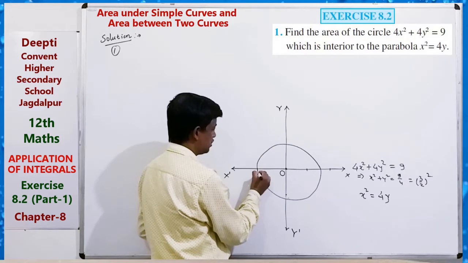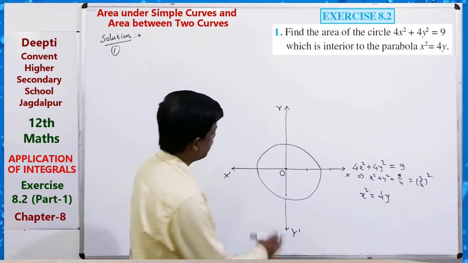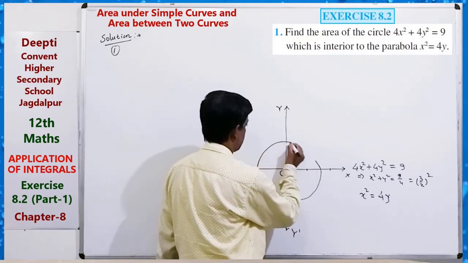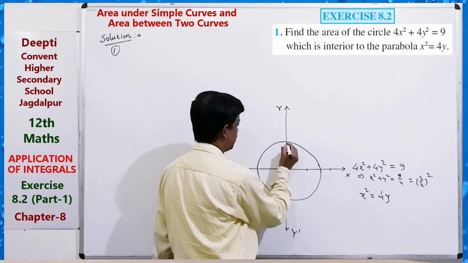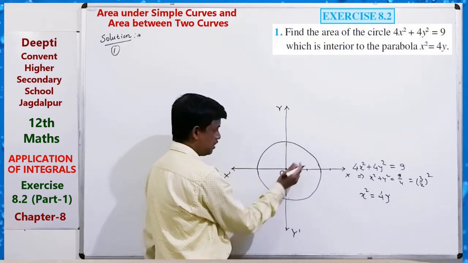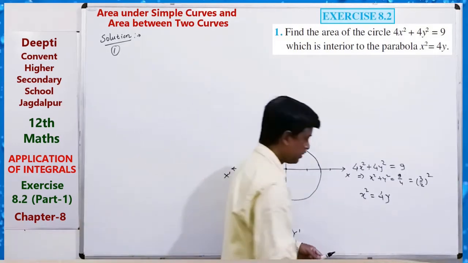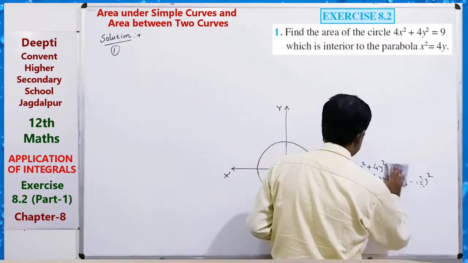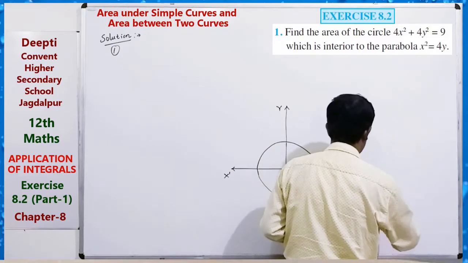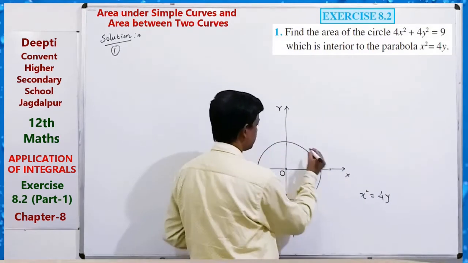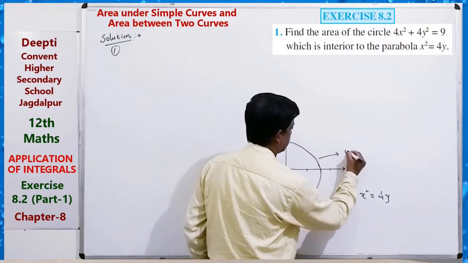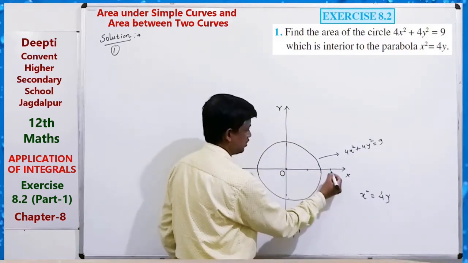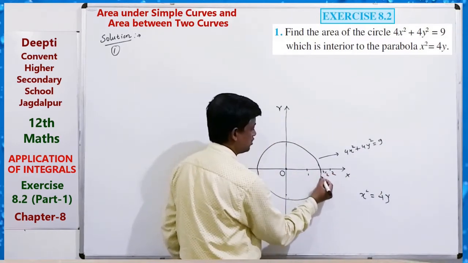The center is the origin, 0, 0, and the radius is 3 by 2. So this circle is 4x square plus 4y square equals 9. This is 2, this is 1, this is 3 by 2.